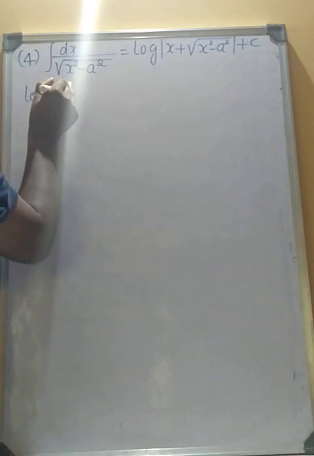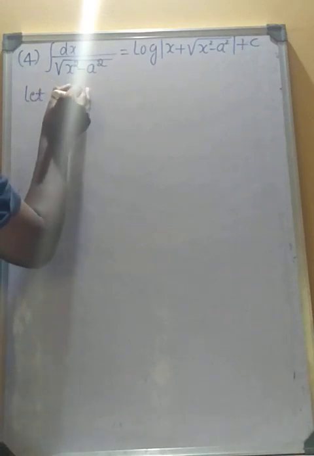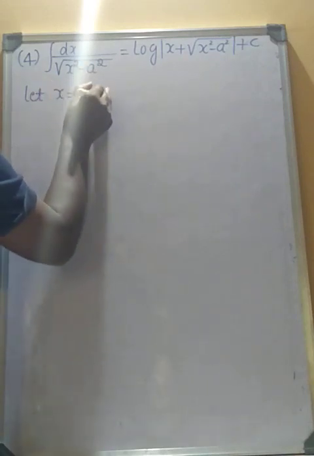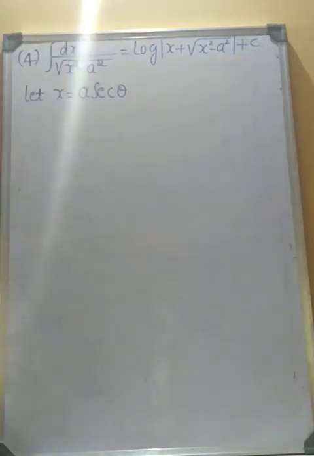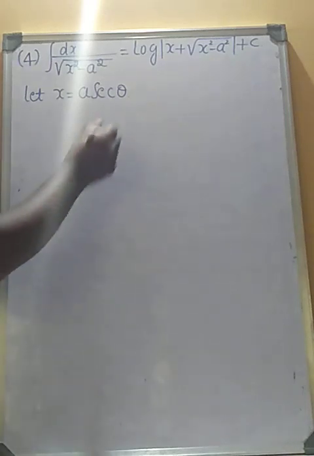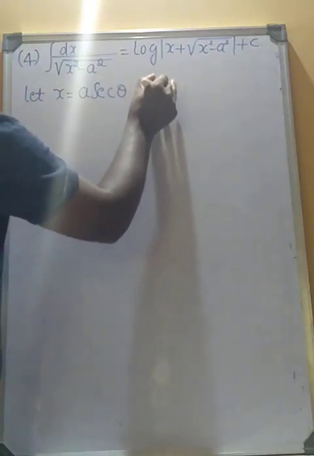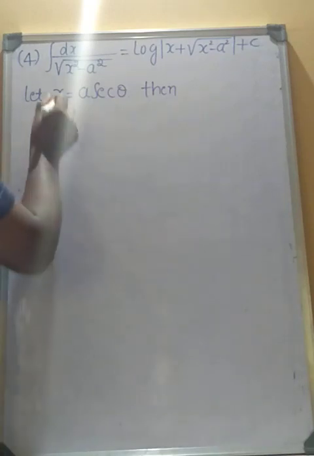Let x is equal to a secant theta. x equals a secant theta. Then differentiate with respect to x.